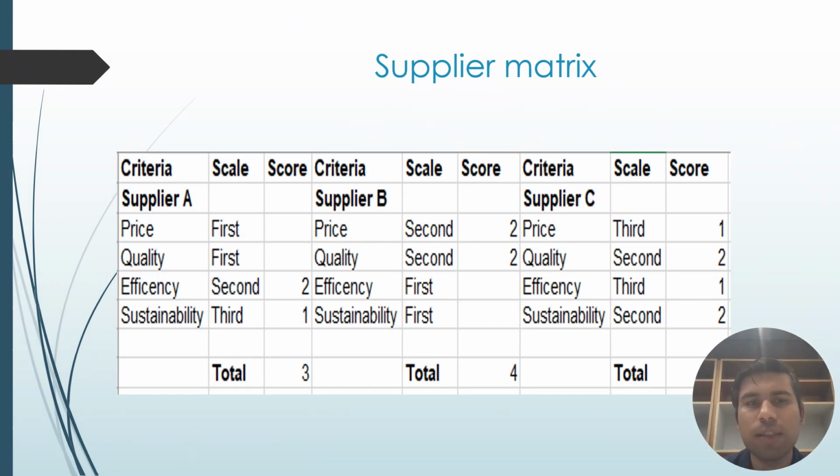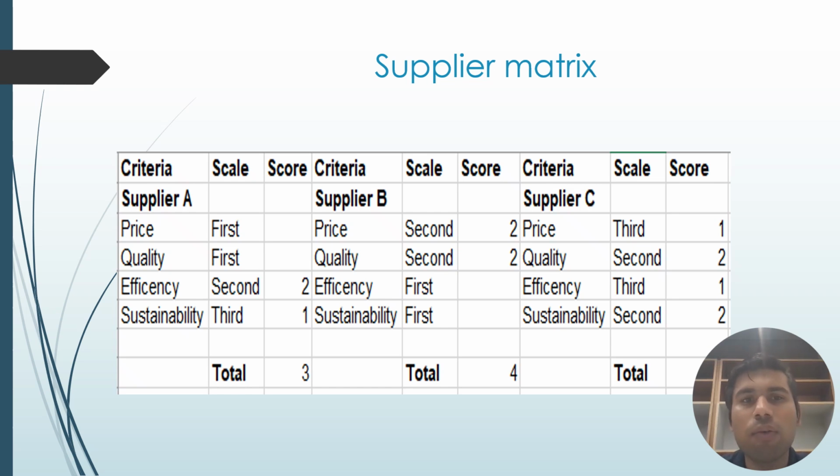The supplier matrix. As you can see, the supplier matrix assessment compares the three suppliers across four criteria: price, quality, efficiency, and sustainability. Each criterion is ranked as first, second, or third, then converted into a numerical score. Supplier A performs strongest in price and quality but scores lower in sustainability.